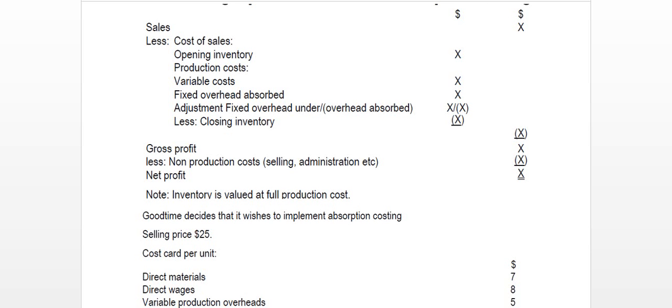Instead, it has got gross profit, which is calculated differently from the contribution. The gross profits include the fixed overhead which have been absorbed. Okay, these are adjusted for any under or over absorption. We will be looking at under over absorption in a little while.